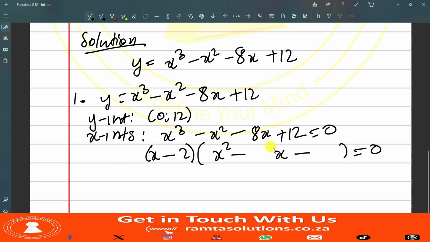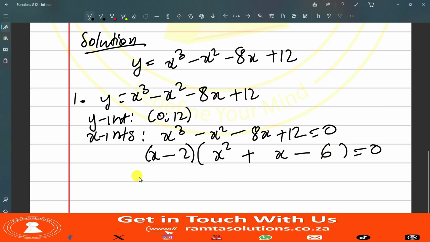This guy times this guy, when we sum them, they must give us minus x. So this means this middle term must be positive x. Okay, so I'm going to leave it as positive x. Now, 12 divided by negative 2 will be negative 6.